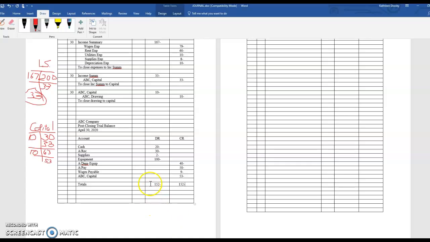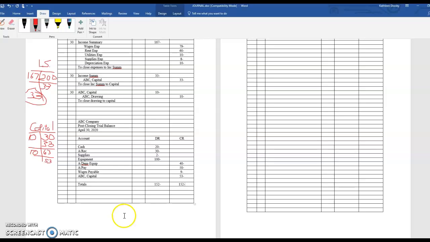Now, if yours don't balance when you total these up, my first suggestion is that you probably didn't put the correct capital number in there. You probably put the 30 from the worksheet instead of the new ending capital number. That's the most common mistake there is, other than if you have some revenue or expense account that you still have sitting in there, and they're all supposed to be zero now.